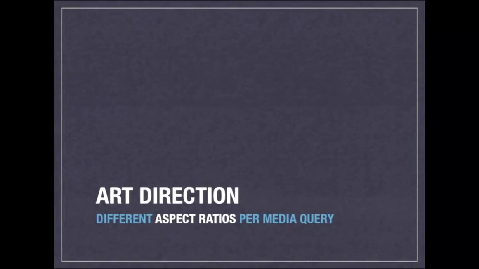Another use case is if you have different aspect ratios. How many people have seen a web page that has an image that stretches the entire width of the screen? That's kind of a trend. And that works really well only if you change the aspect ratio, because if you have an image that works well on your phone and it's like this big, on a desktop that can be really big, and you can't even see any text or anything below it.